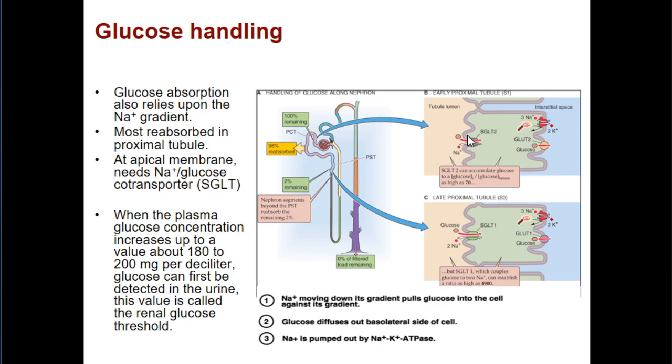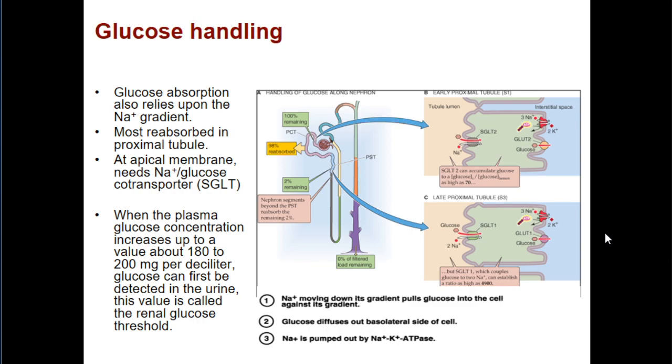So only when sodium and glucose are attached to this carrier protein, these two together can be transported into the cell. And why do you have low concentration of sodium inside the cell? It is because of the activity of the sodium potassium pump, which pumps out sodium and pumps in potassium, and this requires energy. So this is primary active transport, and this is secondary active transport.